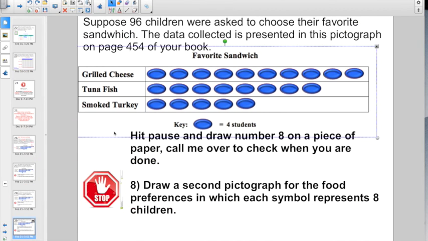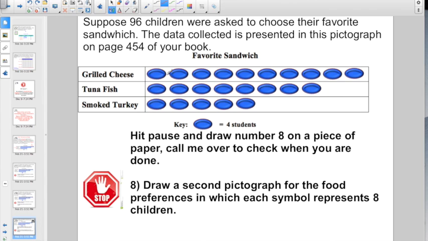Check out question number 8. Here they want you to go and draw a second pictograph for the food preferences in which each symbol represents 8 children. So we're not answering this one in Socrative. Let's go ahead and figure out how we're going to do this right now.